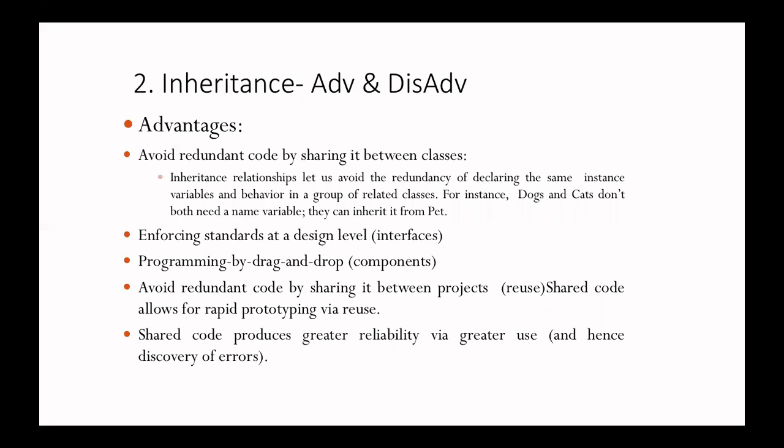Inheritance, advantages and disadvantages. Advantage means the profit given by inheritance. Avoid redundant code by sharing it between classes. Inheritance relationships let us avoid the redundancy of declaring the same instance variables and behavior in a group of related classes.